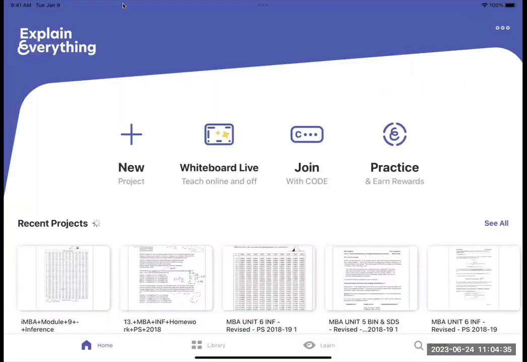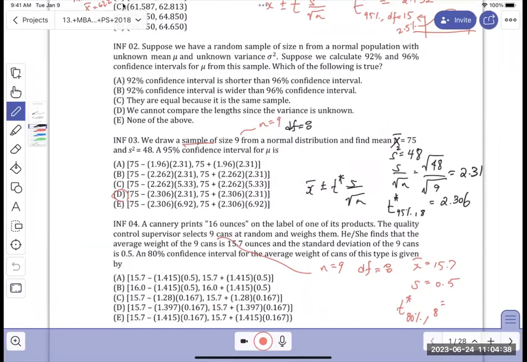If it wasn't on the table, you would go into Excel. What would you do in Excel? Terrible drawing. For 80% in the middle, you need 10% in each tail for a T with 8 degrees of freedom, and you want to find T star negative.